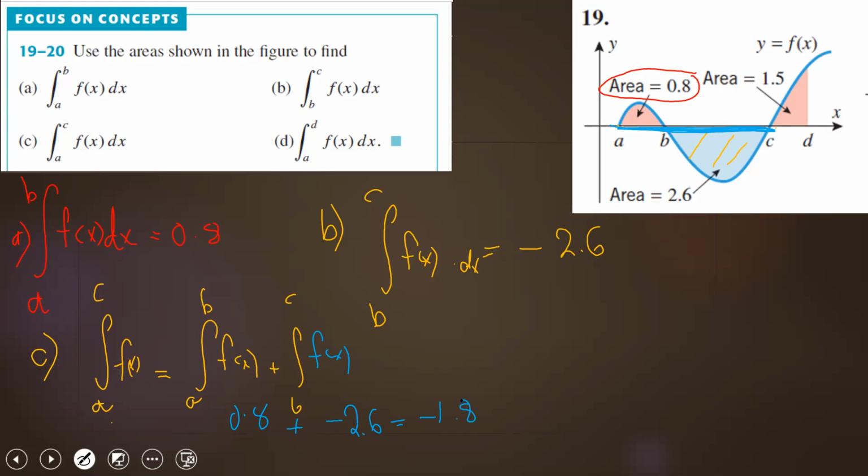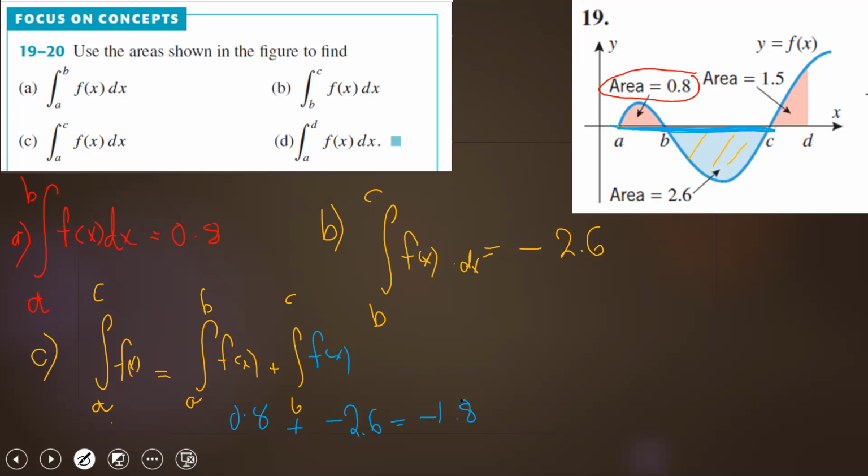So from A to C, that means it's from A to B and from B to C. 0.8 plus negative 2.6, you will find the area. Is it clear?